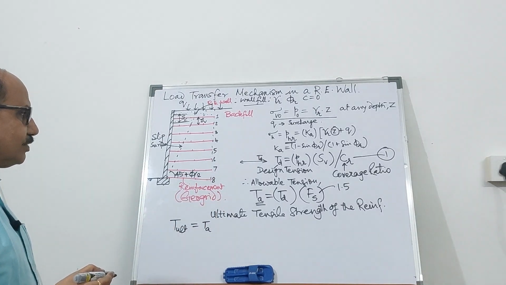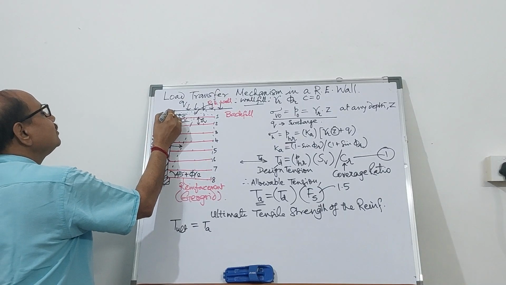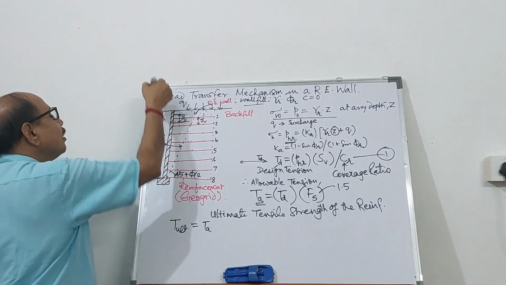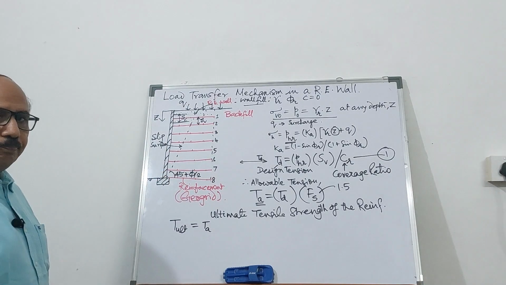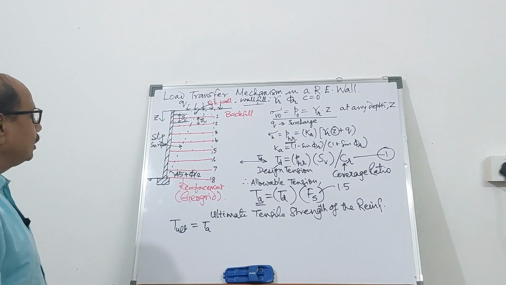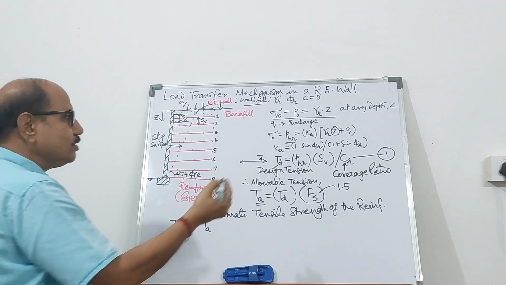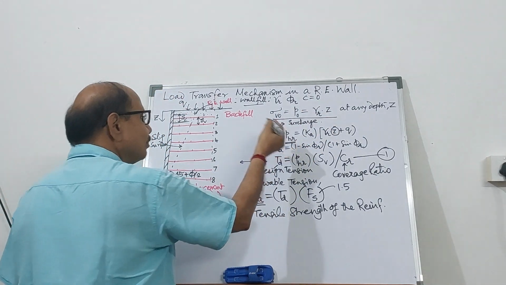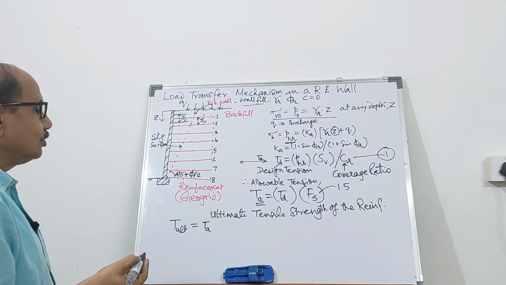So at any depth Z, where Z is taken from here in the downward direction, as Z increases from top to bottom of the RE wall, your horizontal pressure is also going to increase.